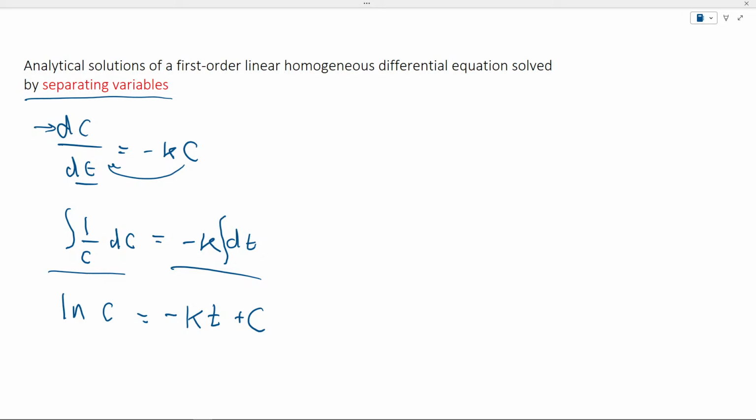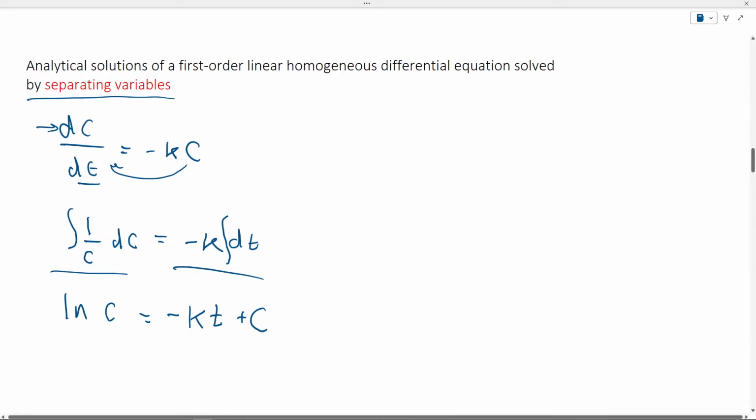Wow, I got a relationship. Let's just make it look a little bit nicer. That doesn't look nice. So what should I do? Let me take the exponent of both sides.